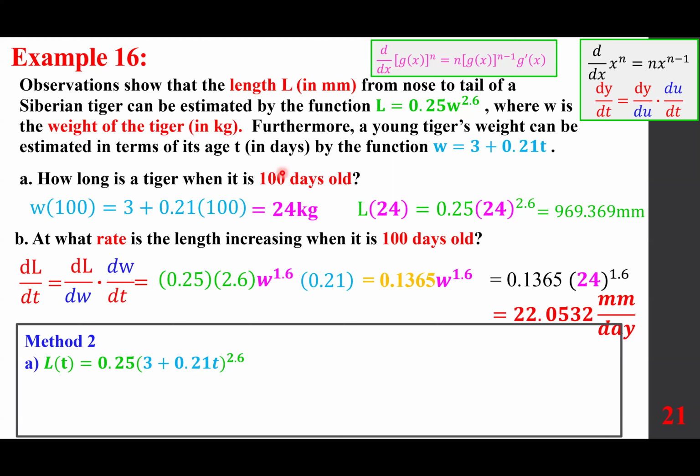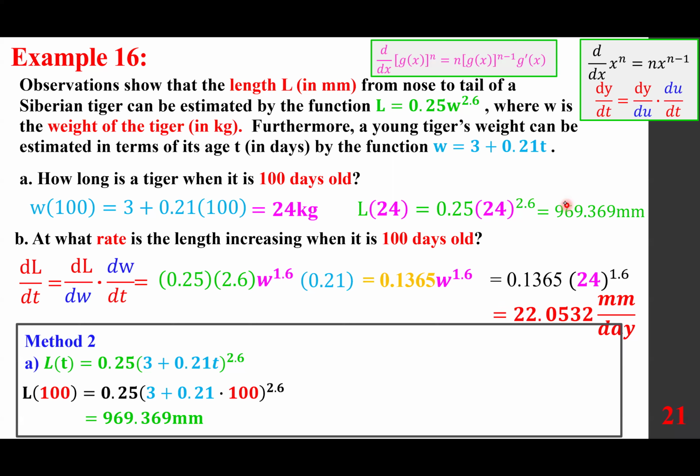For part A, if you plug in 100 here, you get 0.25 times 3 plus 0.21 times t, which is 100, to the power of 2.6, and it will give you exactly the same number that we got in part A of the question.